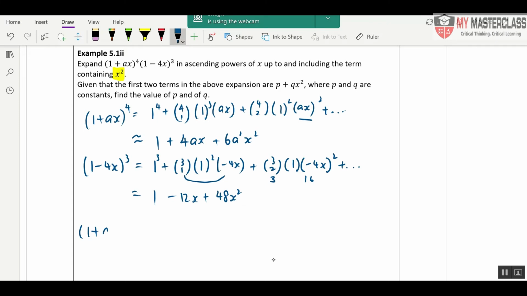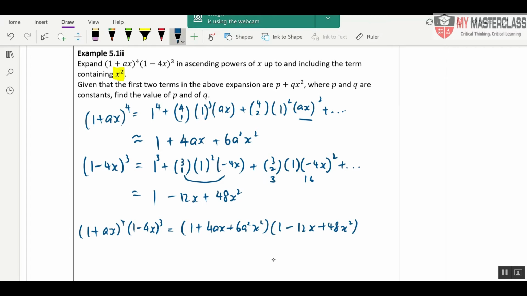So this is 1 plus ax to the power of 4 times 1 minus 4x to the power of 3. This is the same as 1 plus 4ax plus 6a squared x squared, multiplied by 1 minus 12x plus 48x squared.